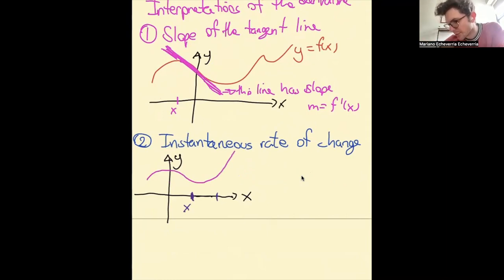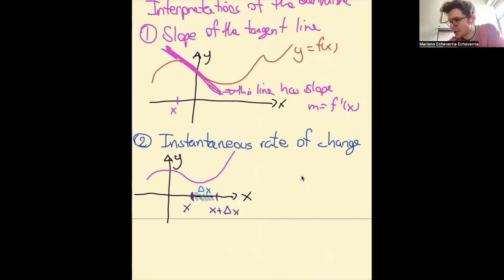Yeah, this looks a little bit better. So if you had a point x and you move a little bit, delta x, then the values of the function change.